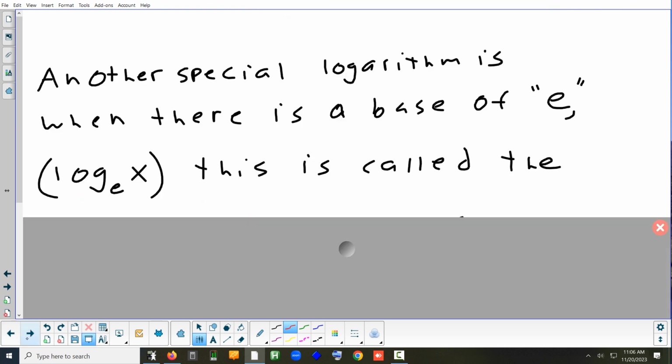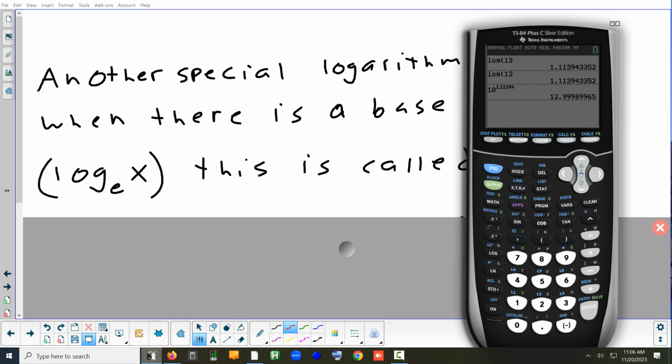One other special logarithm you can have is e as a base. Did we talk about e quickly before? Yes, 2.718. We discussed it a little bit. e is another number in math.